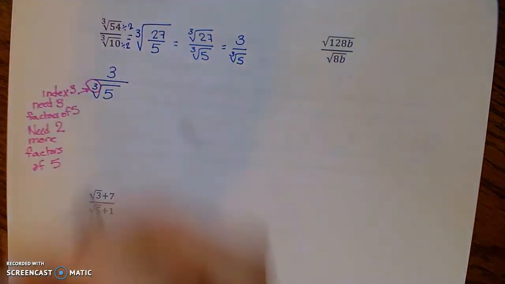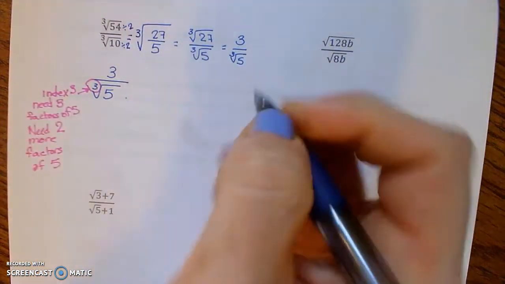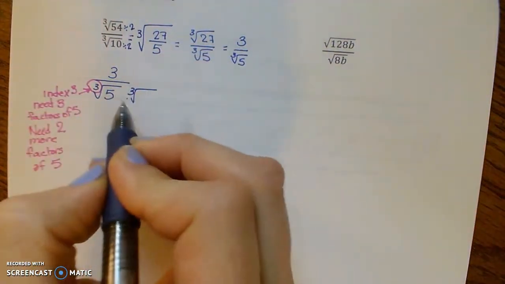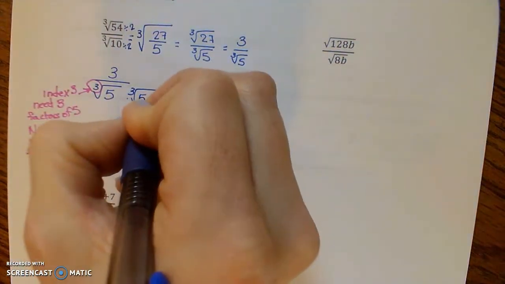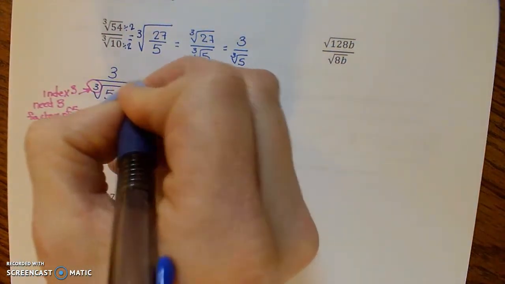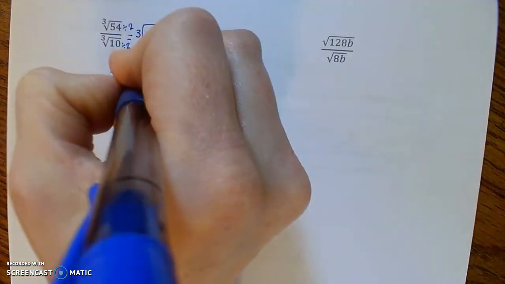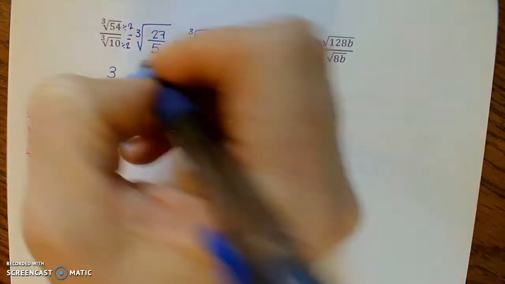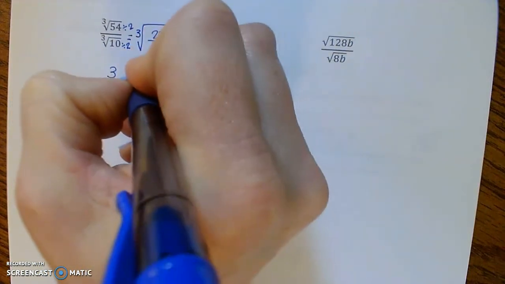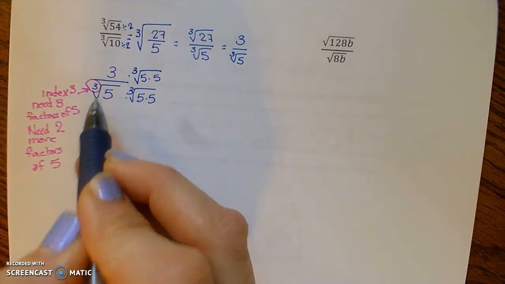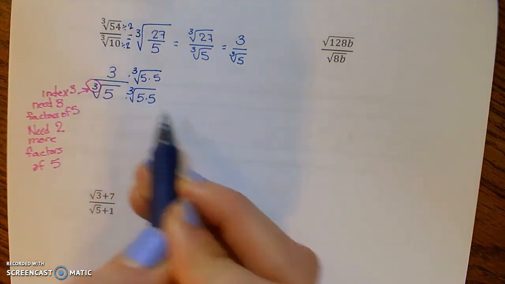Okay, so what I need to do is multiply by the cube root of, I need 2 more 5s. You can write that as 5 times 5 if you like, or you could write it as 5 squared, or you could write it as 25. Okay. So again, cube root of 5 times 5 times 5.